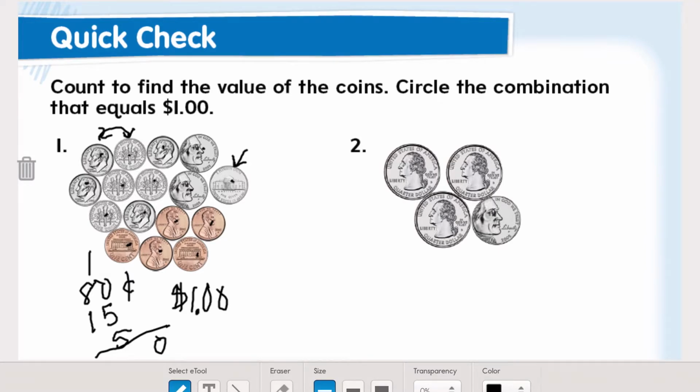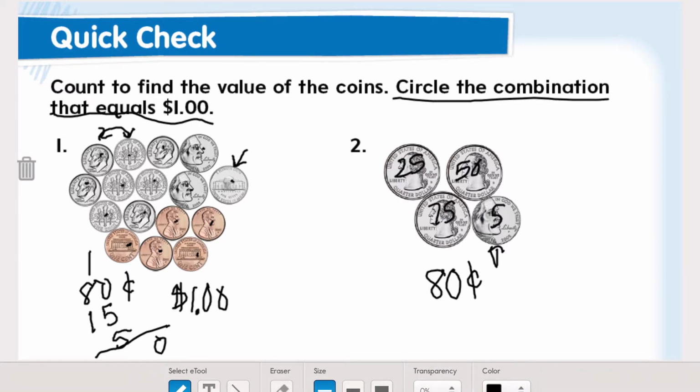And then on the second one, we have 3 quarters, 25, 50, 75, and 1 nickel. Nickel's worth 5, so 75 plus 5 is 80 cents. The second part said circle the combination that equals $1, and that was this one here.